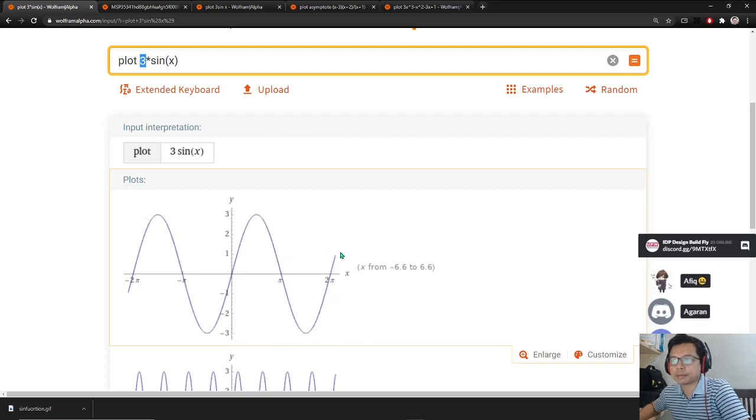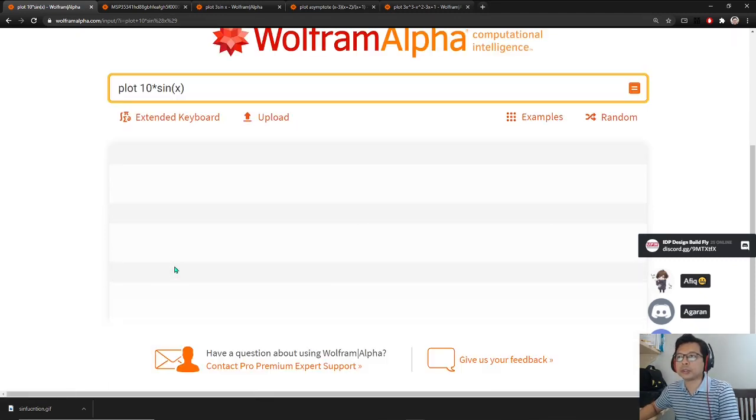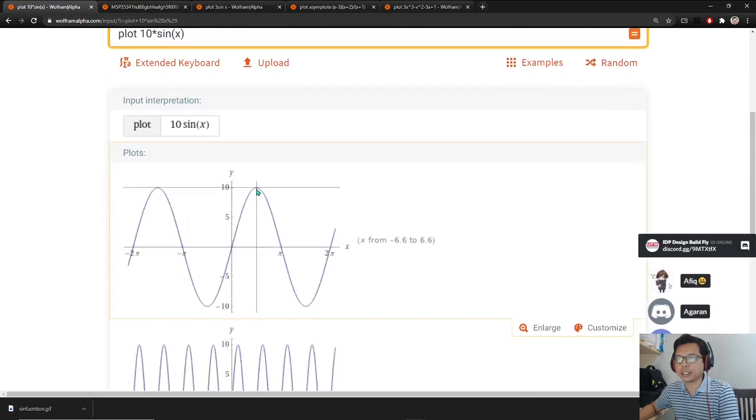Can you see that? So if you put any number here, a, that a is going to be your amplitude. Say I put 10. You can see that the amplitude is going to change to 10. Easy.